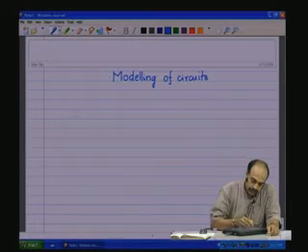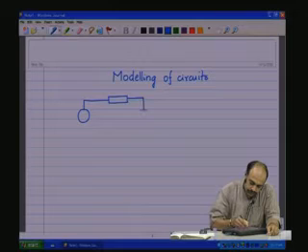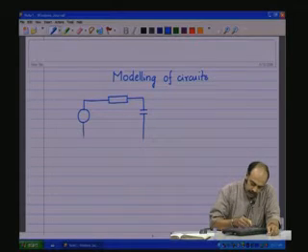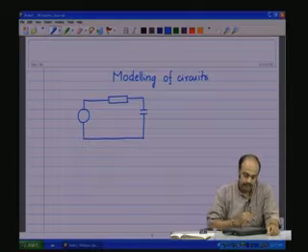Consider a simple circuit with a source, a resistance, let's say a capacitance, all of them connected in series in this manner.